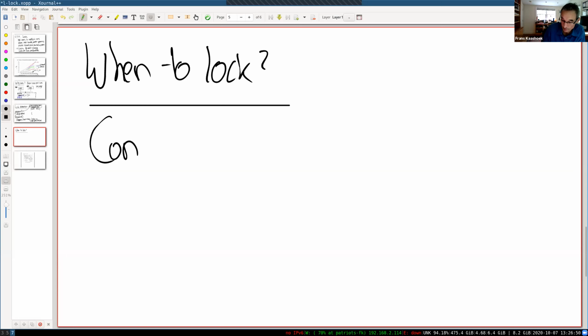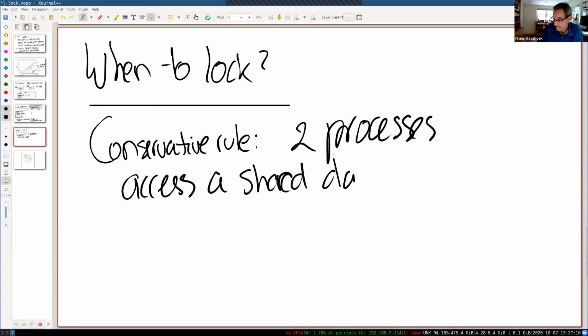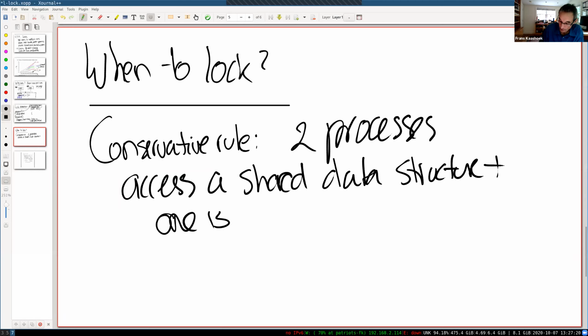The conservative rule, or maybe guideline is a better phrasing, is that if two processes access a shared data structure, and one of them is a writer or an updater, meaning it's actually going to modify the shared data structure, then you need a lock for that data structure.